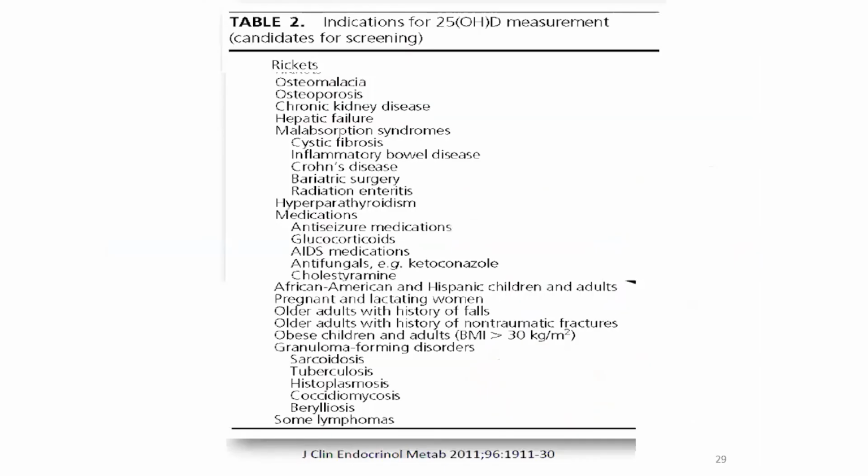Okay. Then, what are the indications for vitamin D measurement? When there are clear-cut signs and symptoms in relation to rickets or osteomalacia, definitely we go for vitamin D estimation. Apart from these two, also people who have chronic kidney disorders, hepatic failure, malabsorption syndromes, hyperparathyroidism, pregnancy and lactation, some chronic disorders, and some cancers like lymphomas.